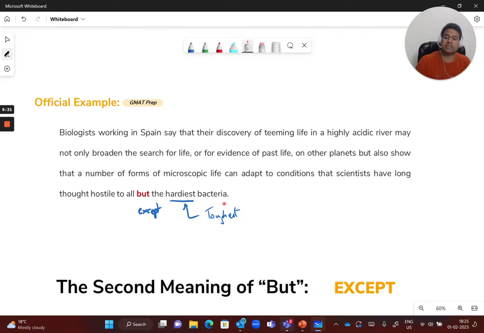Conditions that scientists have long thought hostile to all except the hardiest bacteria. This means hardiest bacteria are known to survive in highly acidic environments. But such conditions were long thought by scientists to be hostile to all except the hardiest bacteria, the toughest bacteria. So this was the second meaning of but.